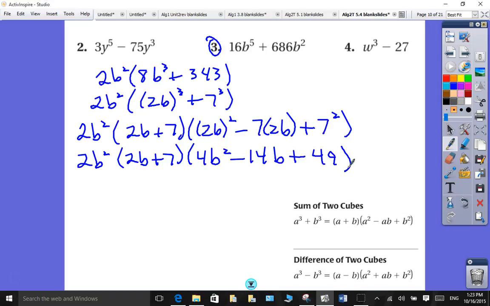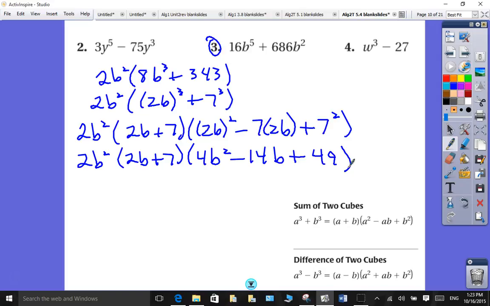So in order to use this formula, you need to have it as a cube plus a cube. But again, this is properties of exponents. Properties of exponents say when you've got the exponent outside parentheses, then it applies to both factors inside. That was one of our properties.